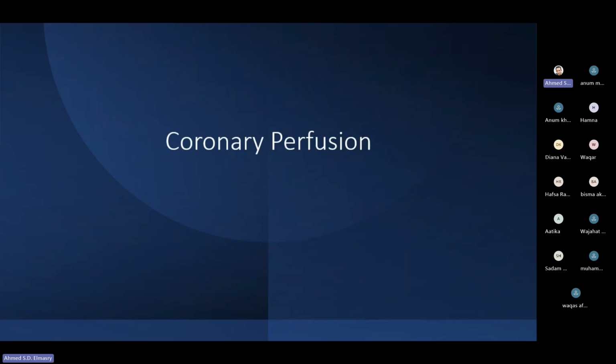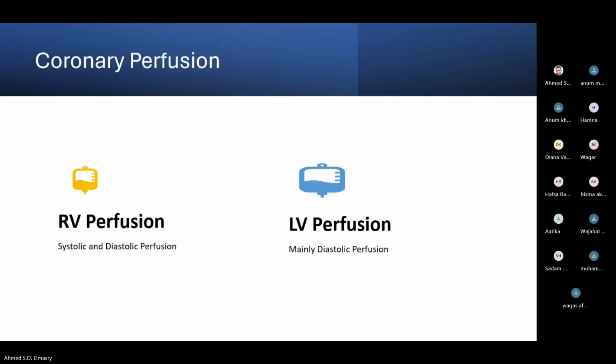Going to the next phase, which is a very important section in this lecture, which is the coronary perfusion. As we see, the heart is divided into two parts, the right ventricle and the left ventricle, and each part is perfused with coronary blood supply.